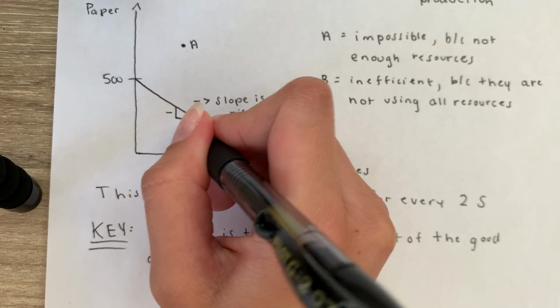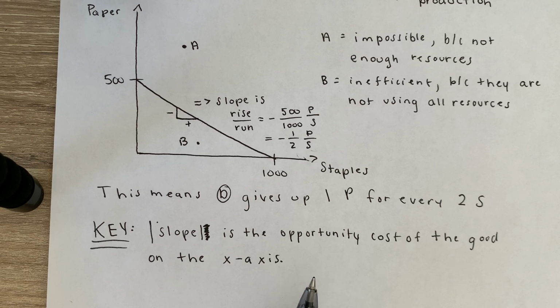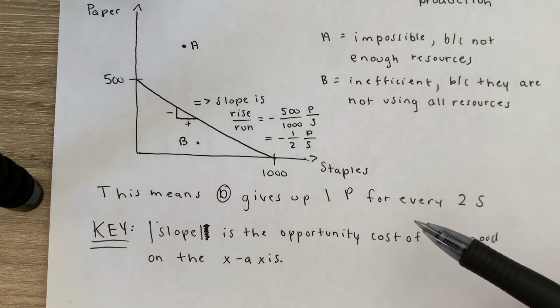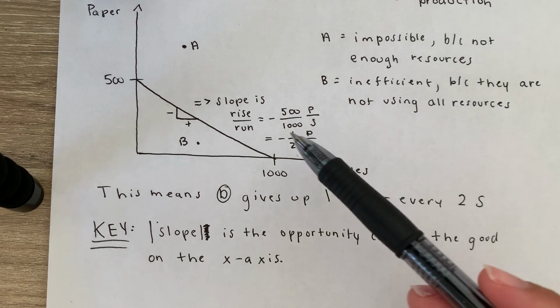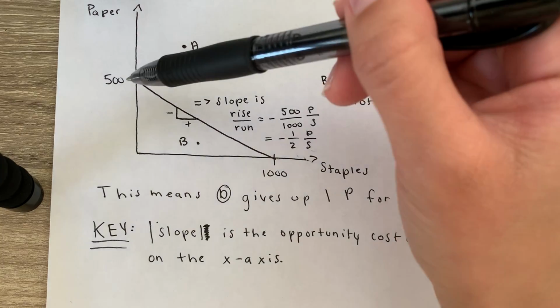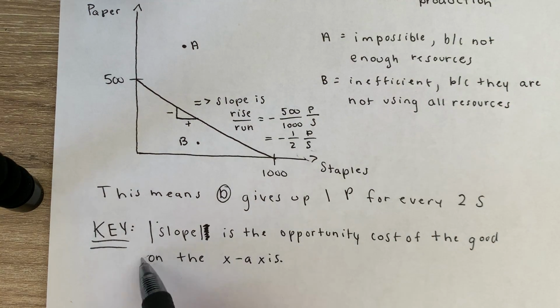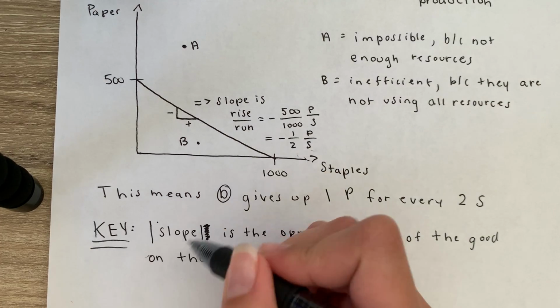But opportunity cost will always be stated in this class as a positive number. So you're not going to have to worry about whether it's going to be negative or positive. Just know that the slope is negative because it's downward sloping, but then when you read it as opportunity cost, you're just going to get rid of the negative. That's why we're doing the absolute value.